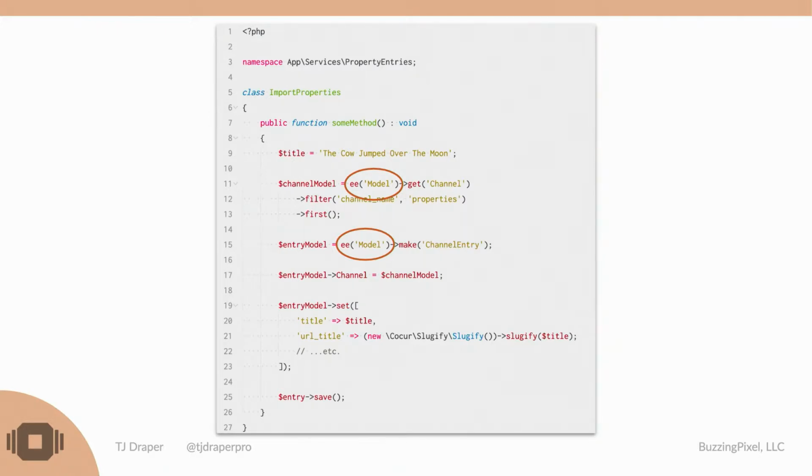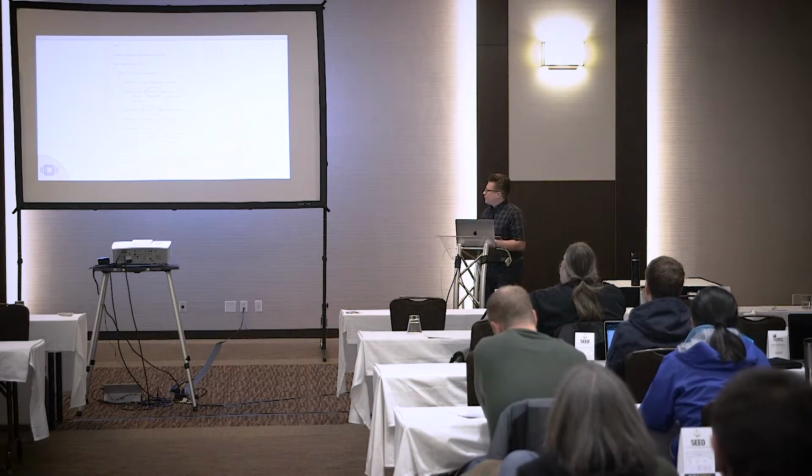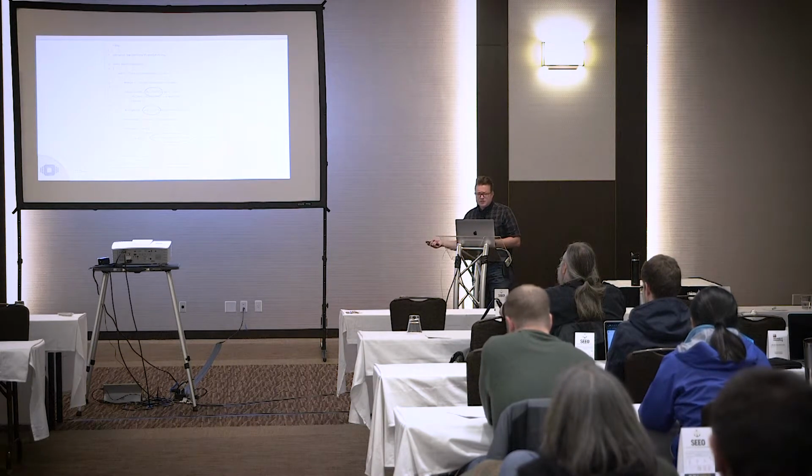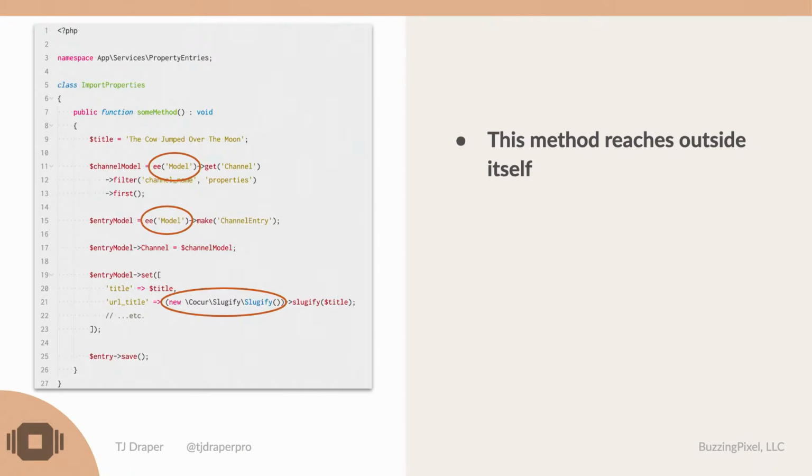It's going to return that dependency. And here you can see that I'm creating a new instance of the Slugify class. There's arguments about whether newing up classes that don't have side effects needs to be injected or not. But for the purposes of this demonstration, we're going to say that needs to be dependency injected. So the problem here is that this method reaches outside of itself to do things. It's reaching out and grabbing what it needs and pulling it in.